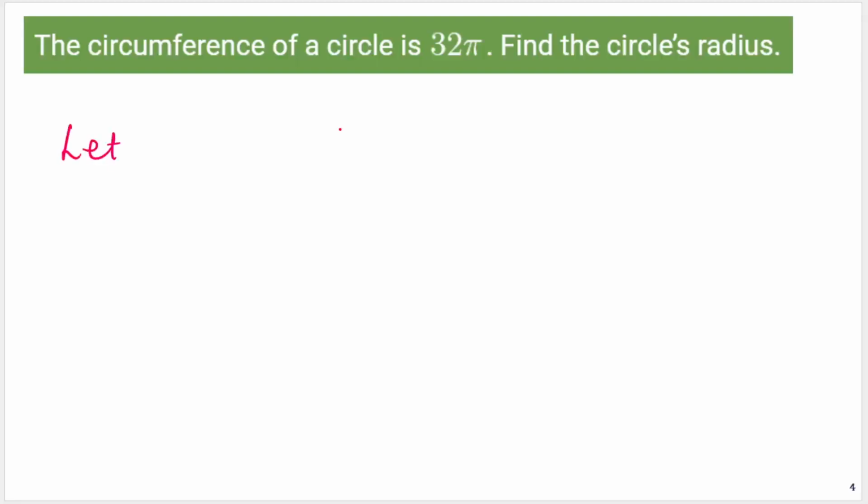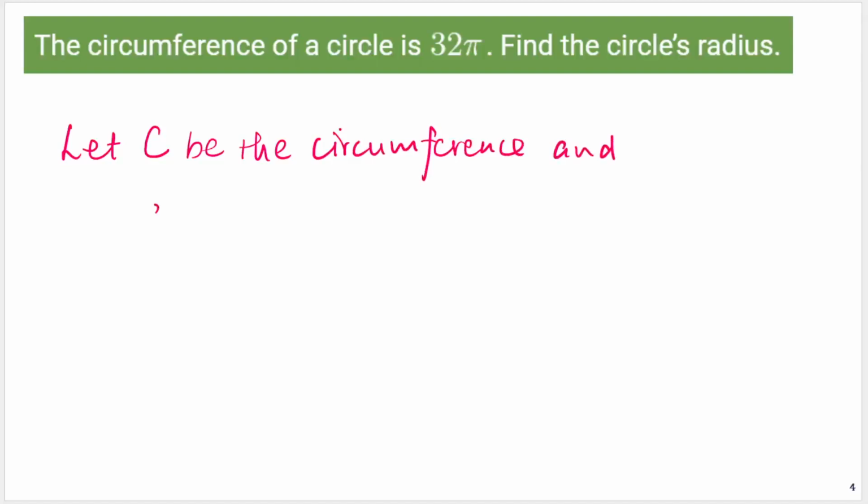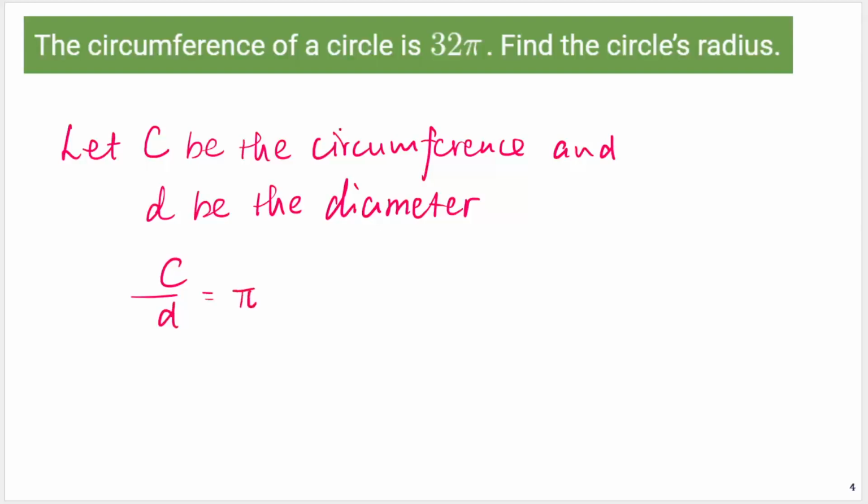So in that case, if we let C be the circumference, and D be the diameter, we know that C over D gives us the constant number pi, right?